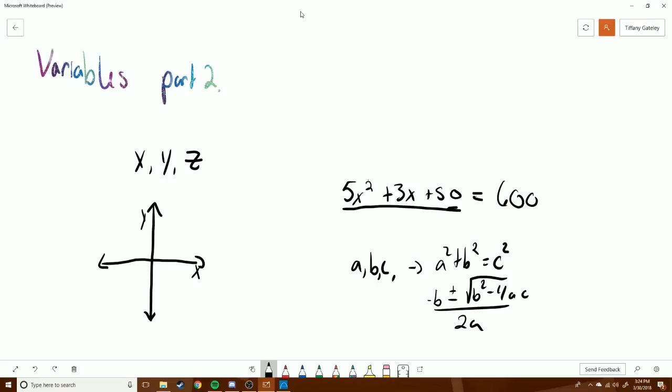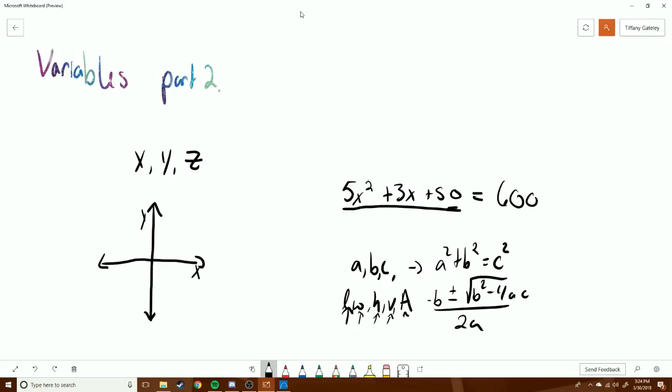And then like L, W, H, V, capital A, you have area, volume, height, width, length. So a lot of these letters already have predetermined meanings.